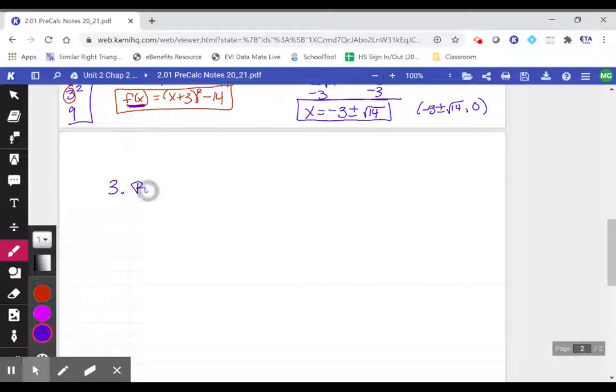So put in vertex or standard form. I don't know why it's writing so funny right now. Put in vertex or standard form. Identify your vertex. Oh my.